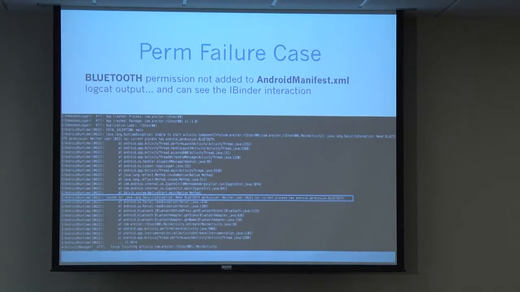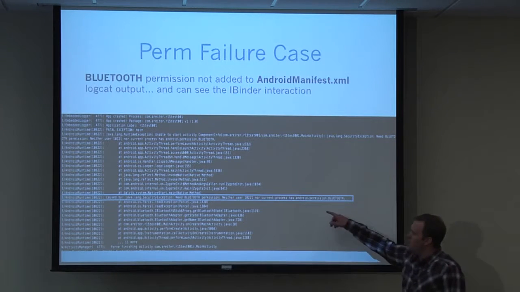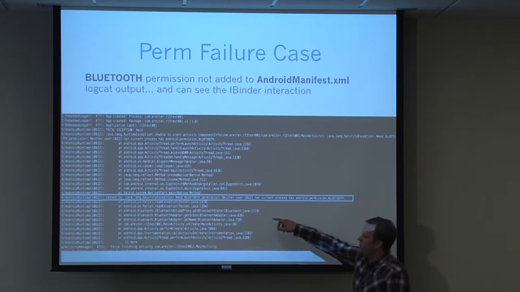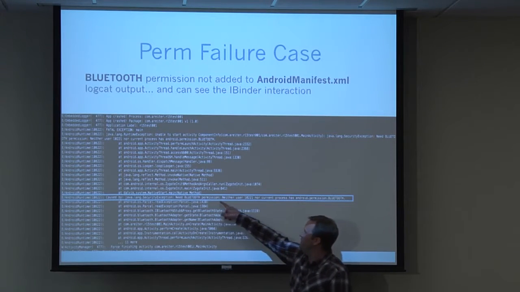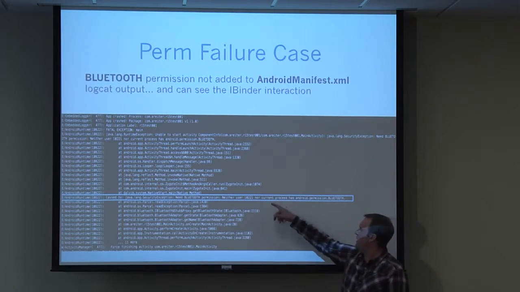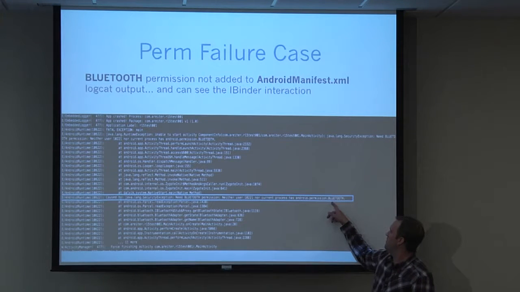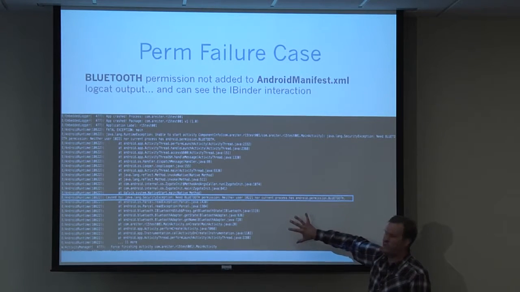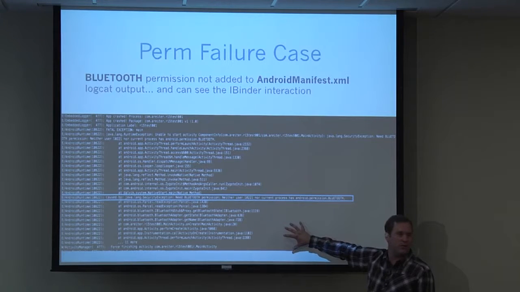Say if I did not provide it, I would get this mess of errors. I know this is kind of hard to see, but you'll see here the java.lang.SecurityException: need BLUETOOTH permission, neither user nor current process has android.permission.BLUETOOTH. This is the security exception that's thrown on the binder service side.